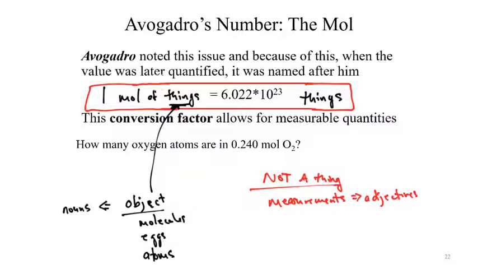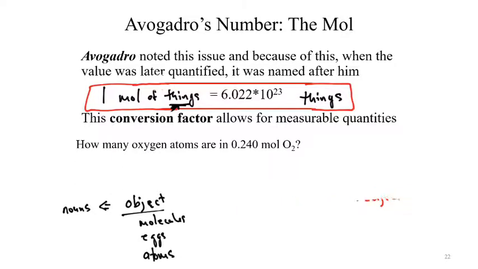It has to be an object. A thing is not a measurement. And this is going to become important in a little bit. Or not even in a little bit. It almost effectively becomes important immediately because it's how we manipulate these things. And I didn't mean to repeat the word thing there. It just happened.